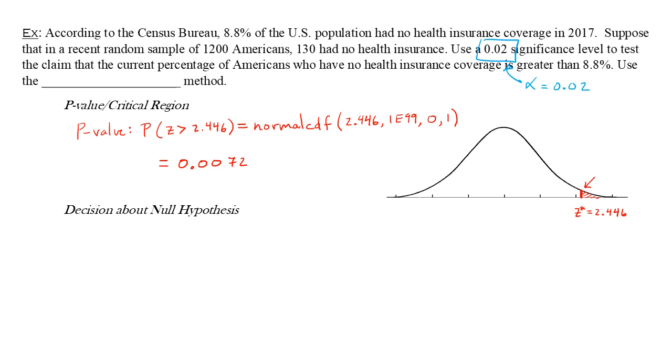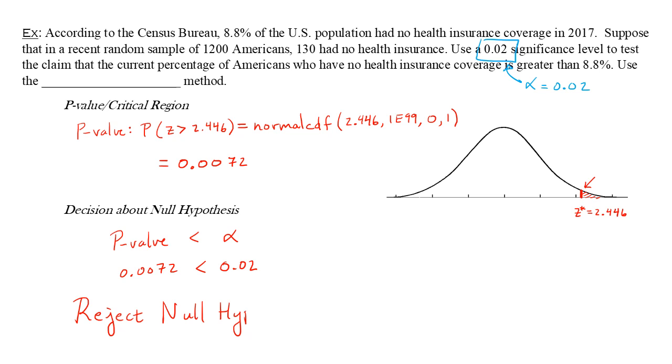Now in this case, the p-value that we got was definitely less than alpha, right? 0.0072, which is definitely less than 0.02. So what does that mean? We're going to reject the null hypothesis. Okay, so that's the decision we're making based on where the p-value lands relative to our significance level.